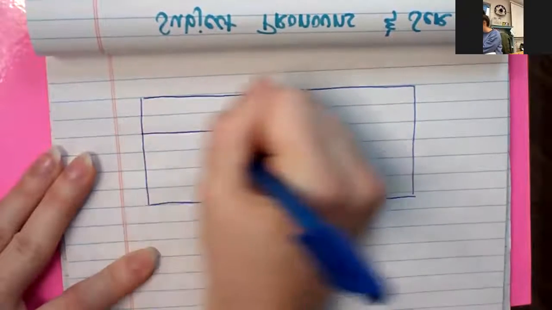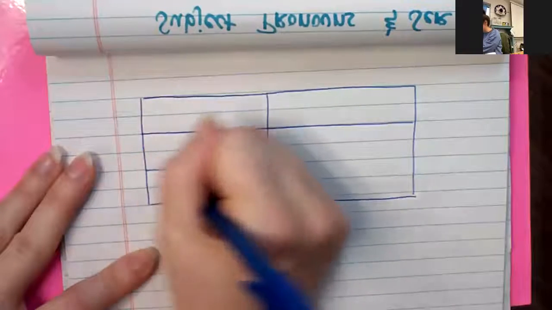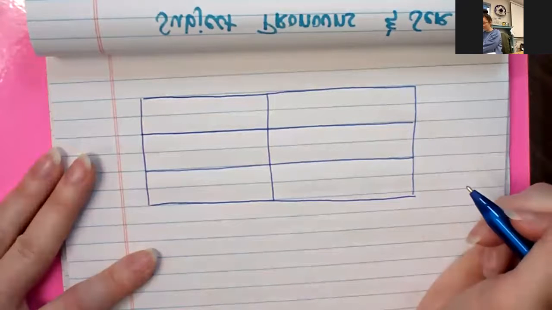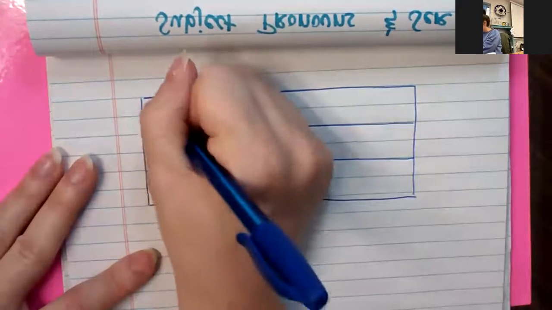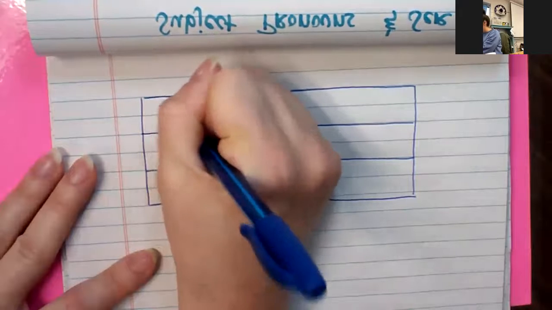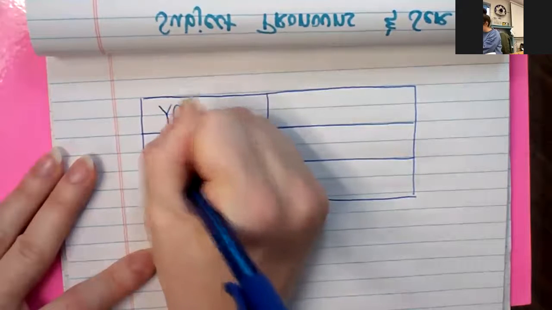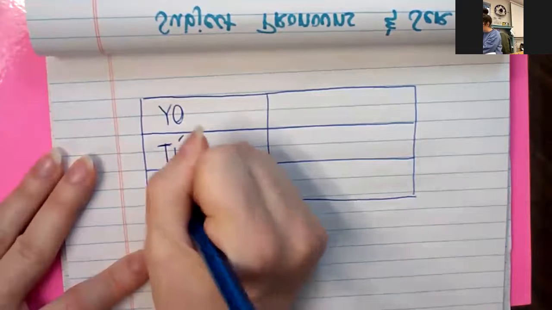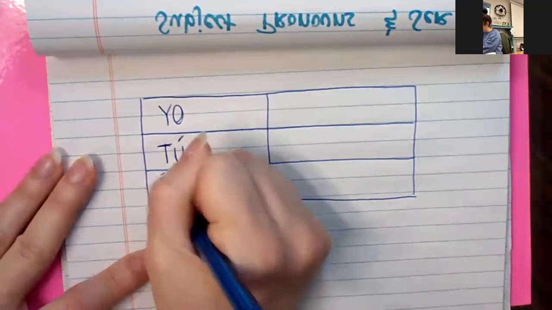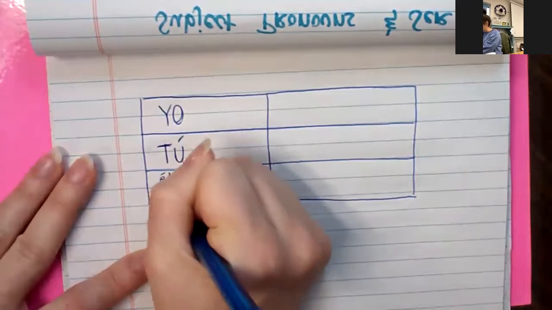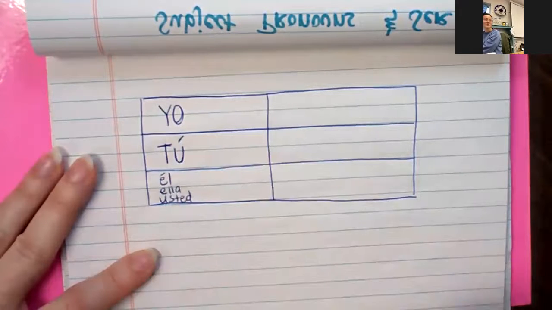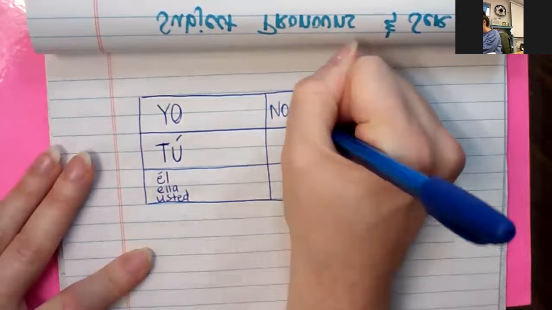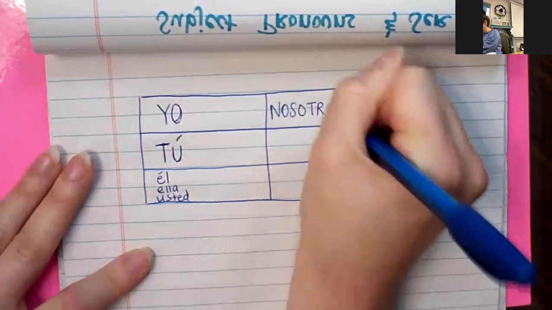If you haven't seen this chart before, it just means that you didn't do like 2 months of work in Spanish 1. So these are our Spanish subject pronouns. If you don't have these written out somewhere or if you don't have them memorized, I would really suggest writing them out now.